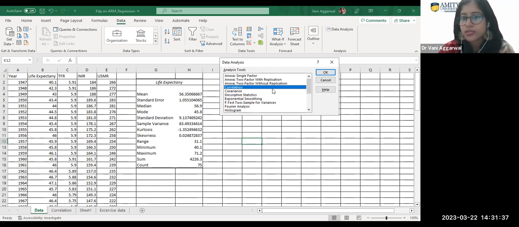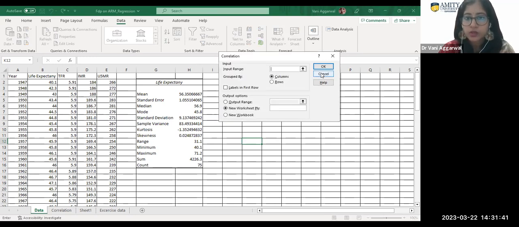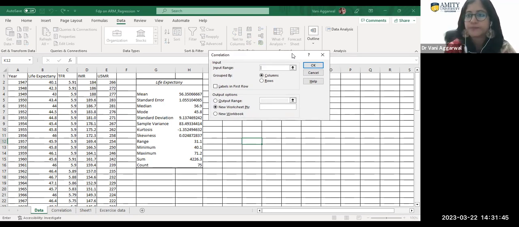If you select Correlation and click on OK, it will ask you about the input range. In the input range, it is up to you among what all variables you want to check the correlation. Here I want to see the correlation between all these variables.